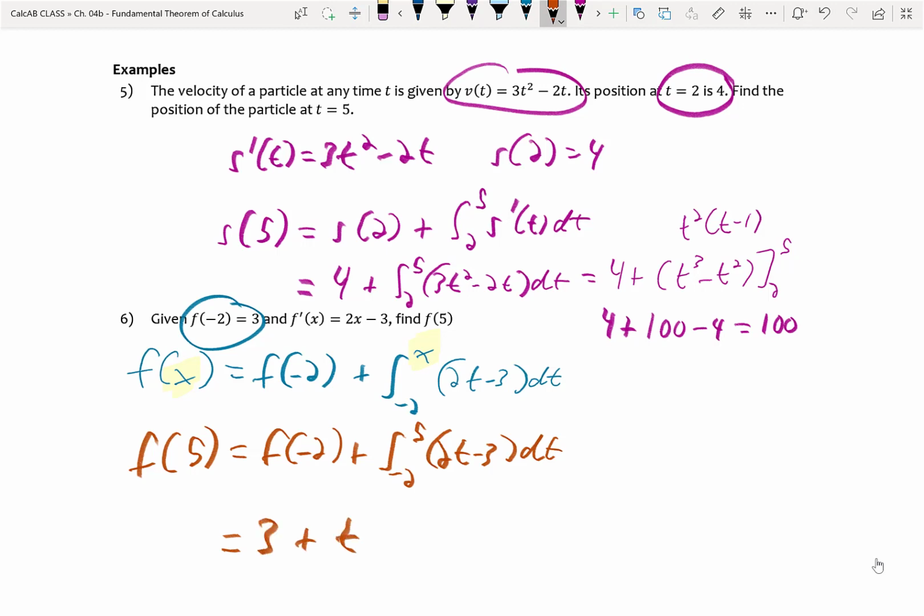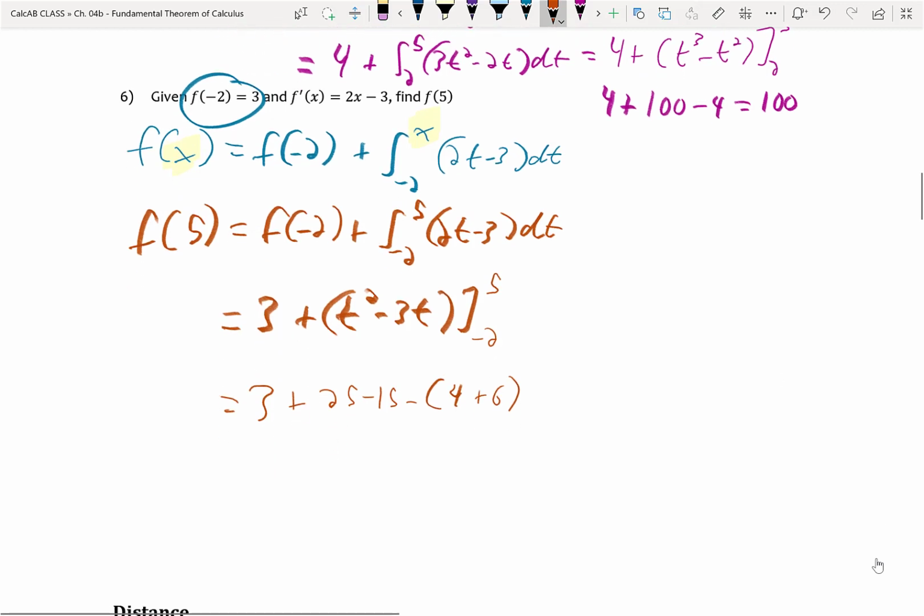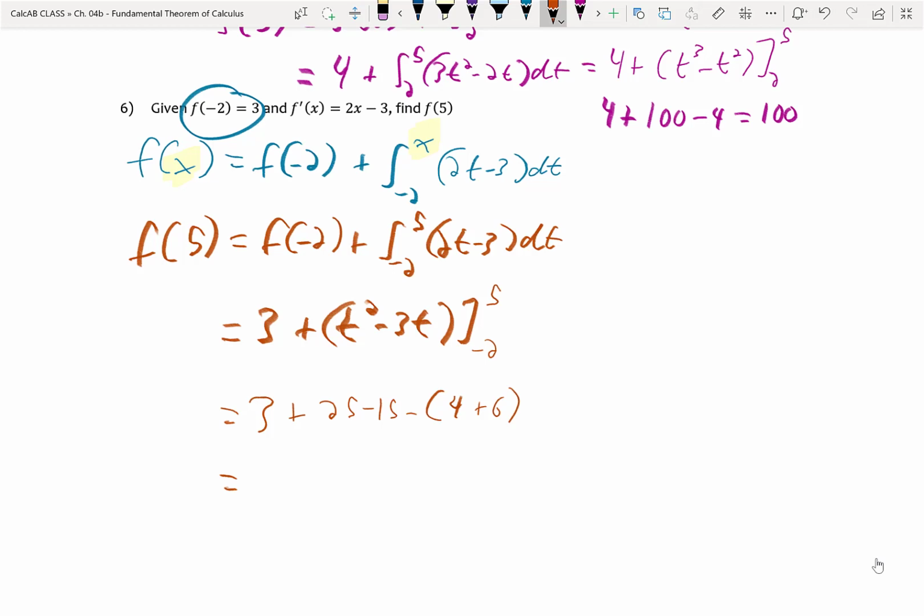Integral is t squared minus 3t, evaluated from negative 2 to 5, which is 3 plus 5 squared, it's 25, minus 15, minus 4, plus 6. So 25 minus 15 minus 10 is actually 0. It's just equal to 3.